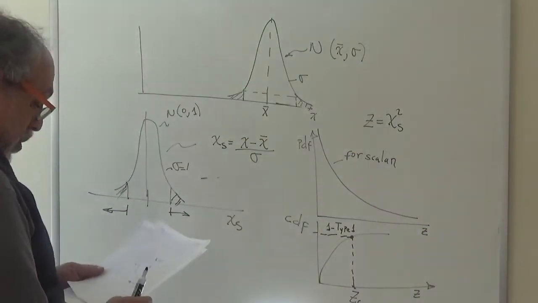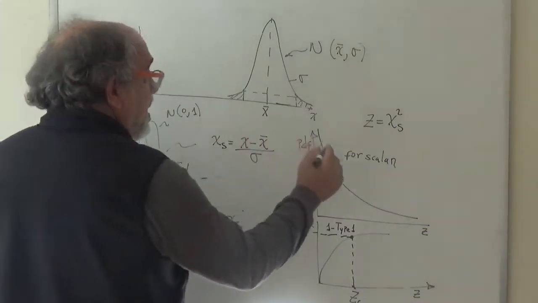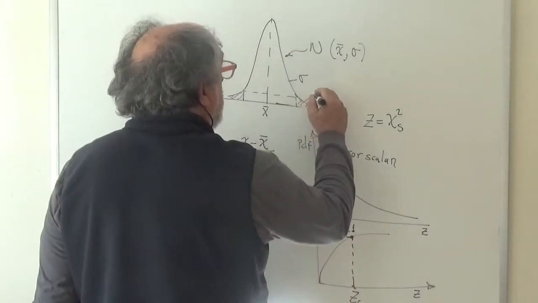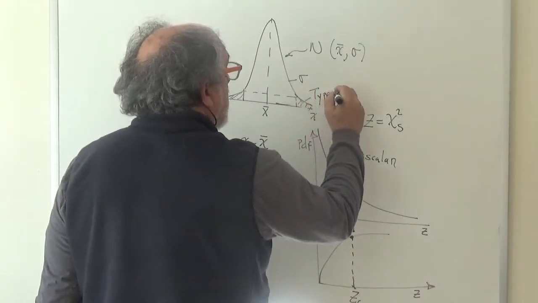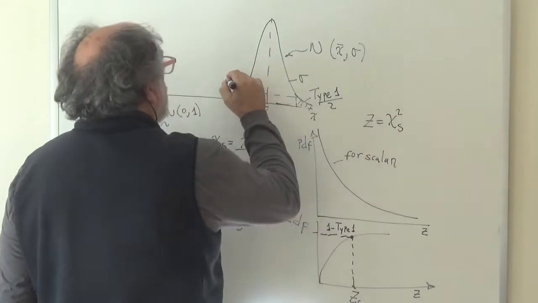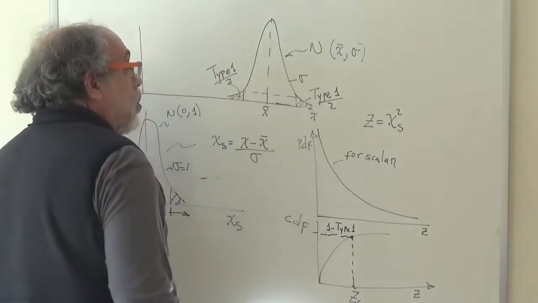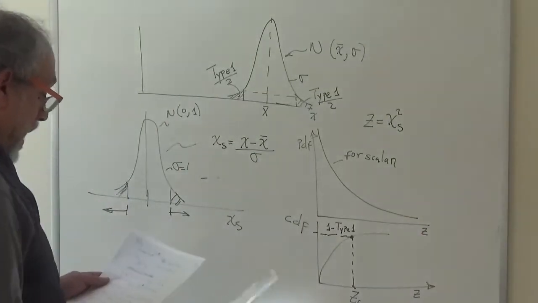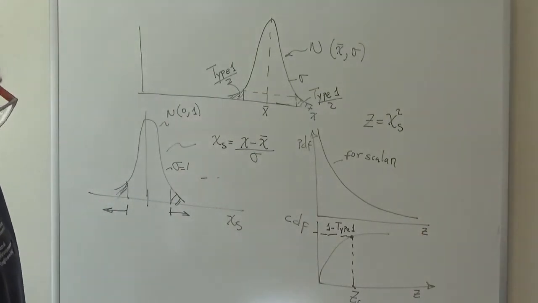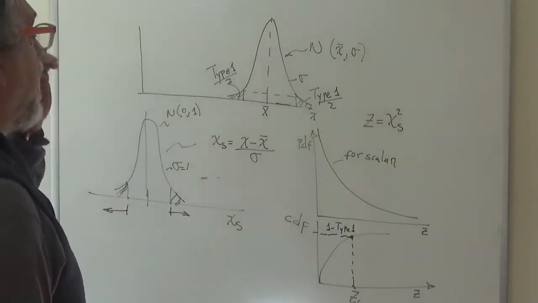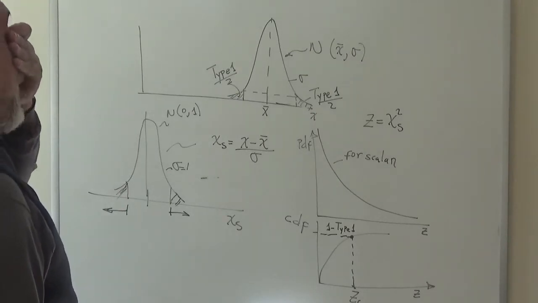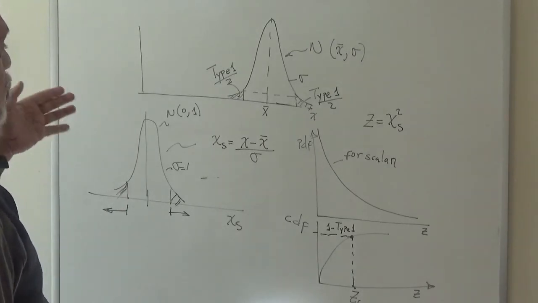Now, if we do it like this, and we say type 1 here, what we would be implying is that this would be type 1 over 2, and this would be type 1 over 2. So at this point, you might be thinking, or you should be thinking, why do I want to do that? I already have the problem solved with the Gaussian.